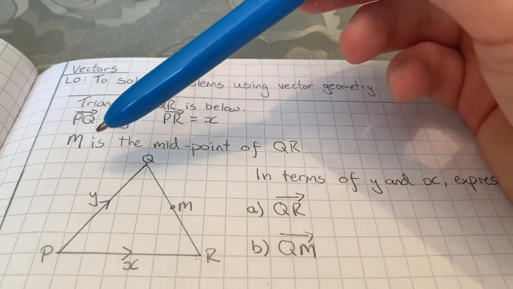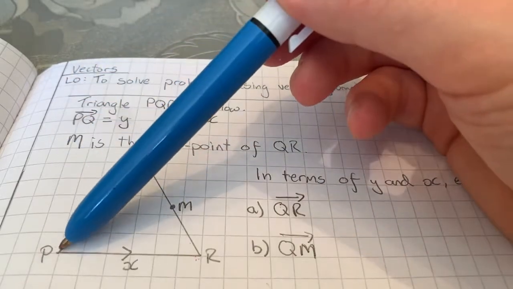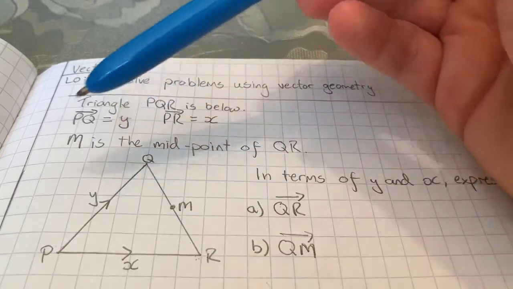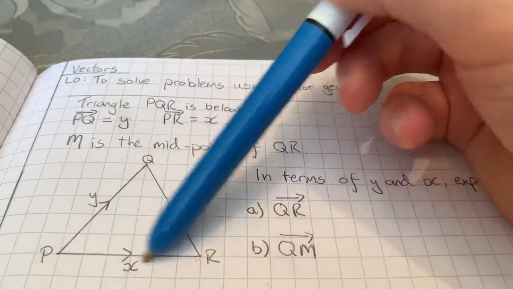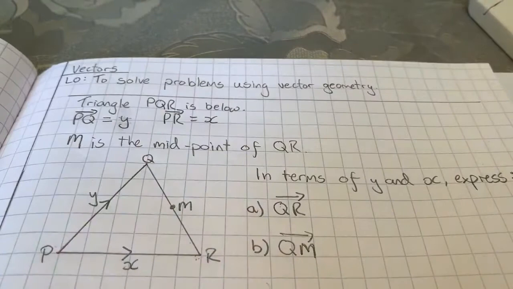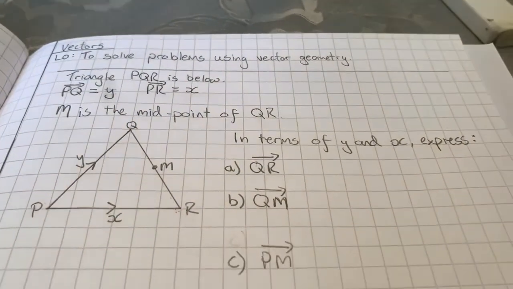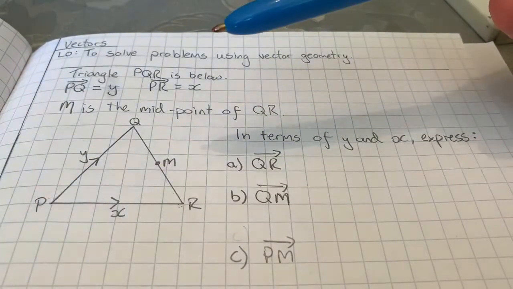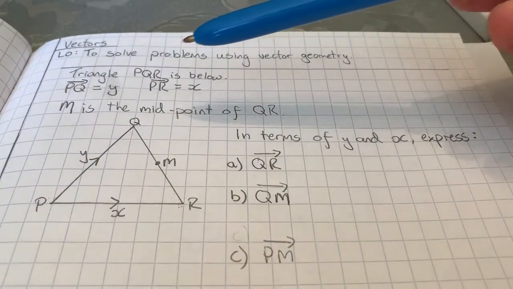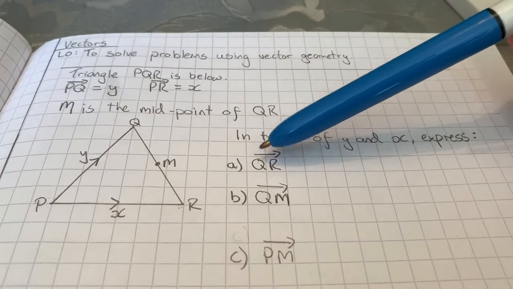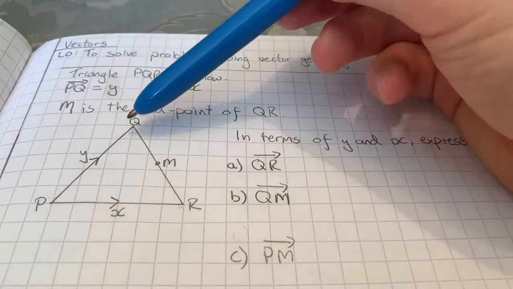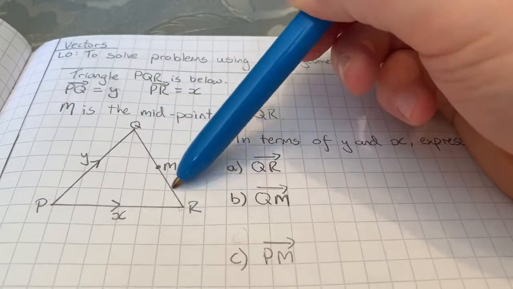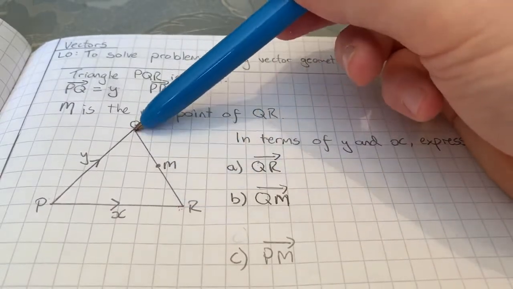The lowercase letters you find on these questions are your vectors, the directions that you're going. So you're going from there to there. Now, I'll do this through the examples to help you with it. One way I like to think of them is that you want to give directions, for example, Q to R. To get from Q to R is that way there, but you can't just travel that way.